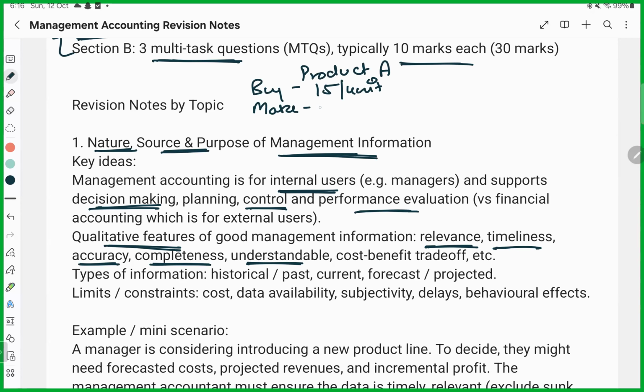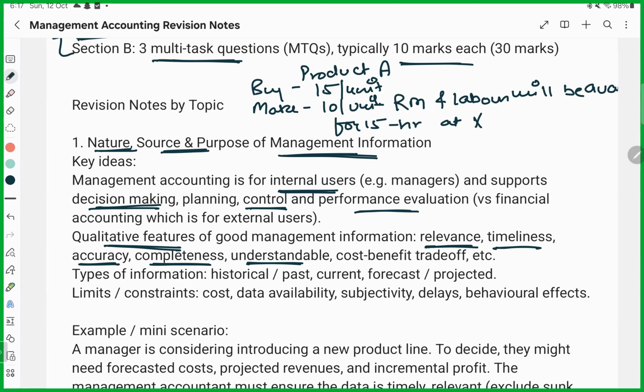For making the product, say it will require 10 rupees per unit of raw material, and information is given that the labor will be available for say 15 hours at XX amount per unit, XX amount.